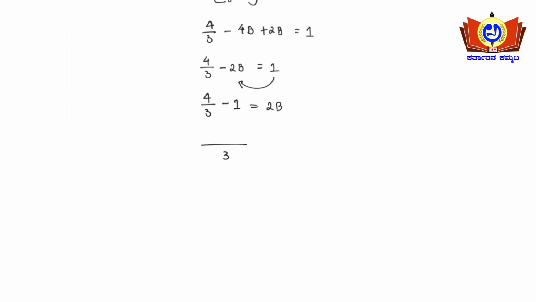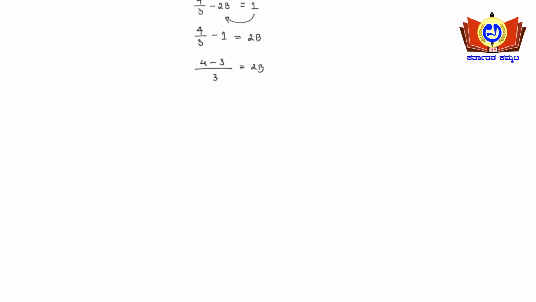So LCM 3, 4 minus 3, that will be equal to 2B. So 4 minus 3 is 1 by 3. 1 by 3 equals 2B. So B will be 1 by 6. Same result, right? So two methods I have taught you to deal with the problem here.